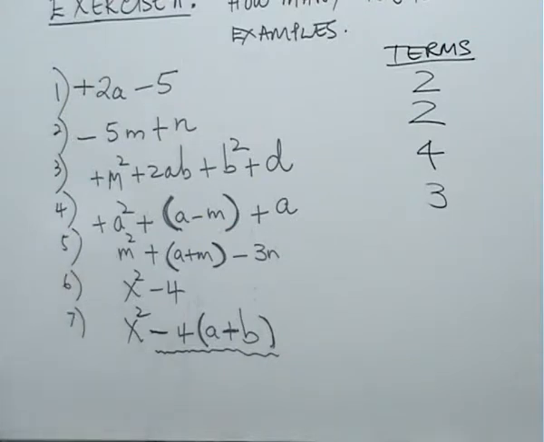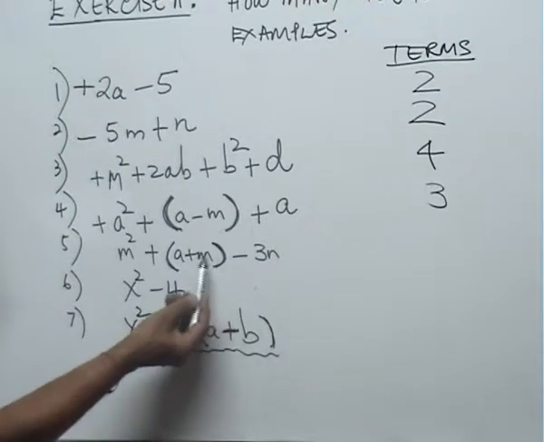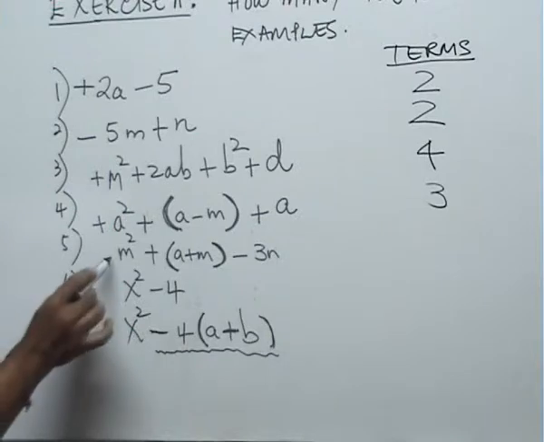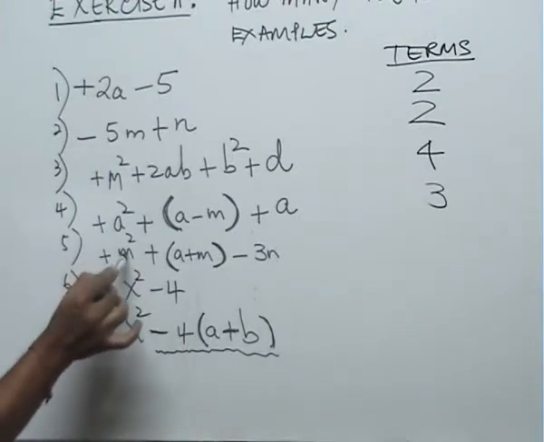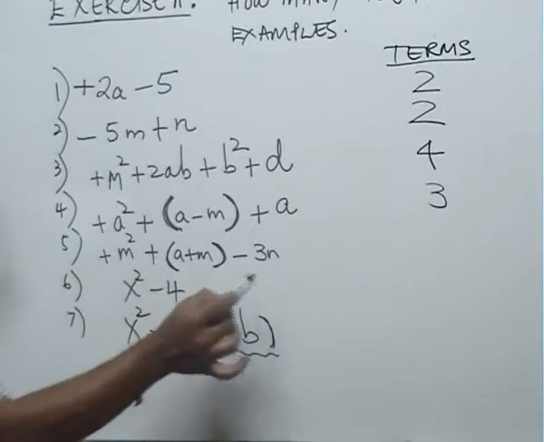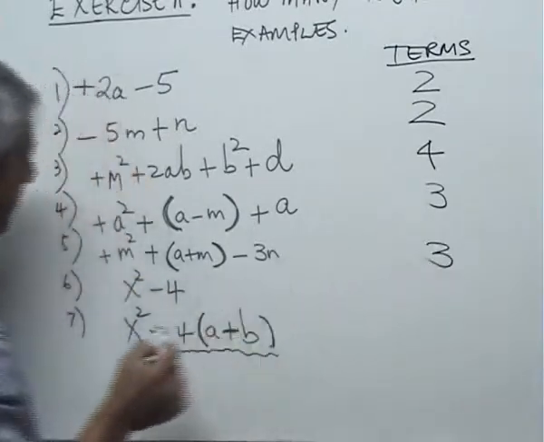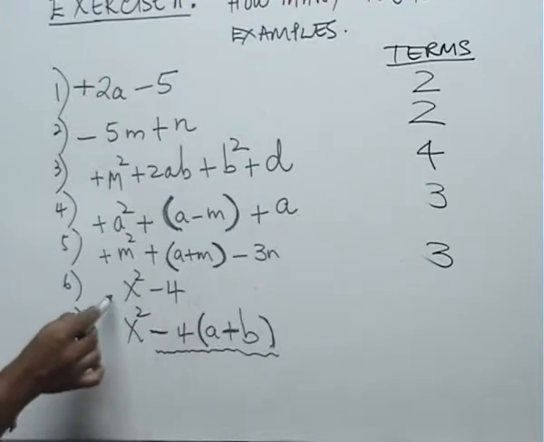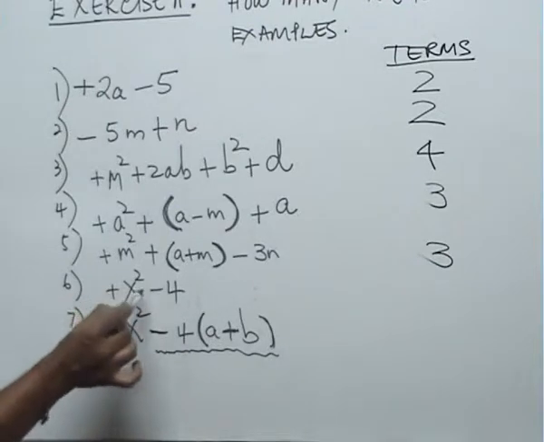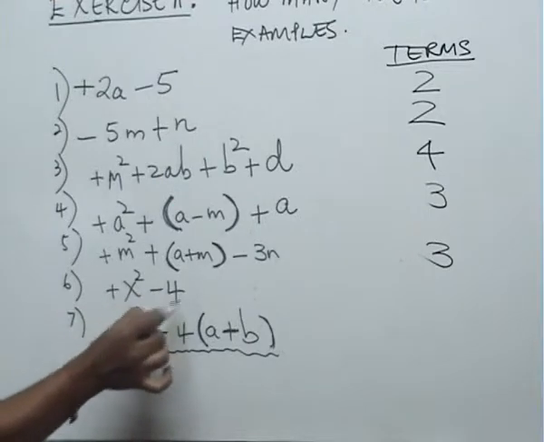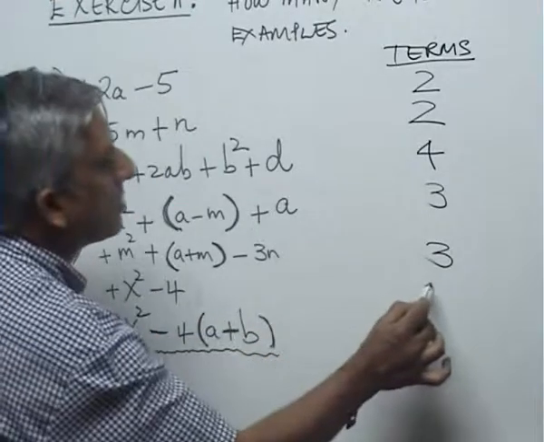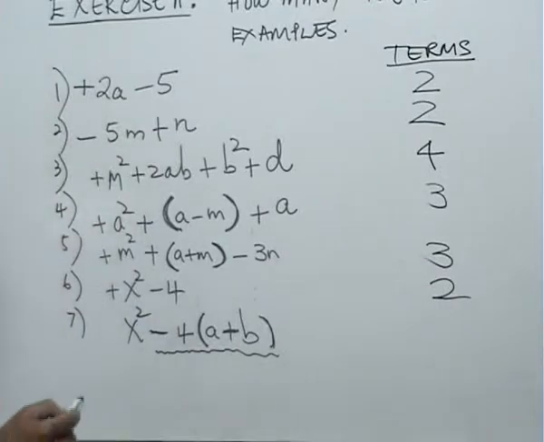Number 5, again we got a bracket, so we're going to remember that everything inside the bracket is considered one term. So you got one term, well a plus is understood here, one term, 2 terms, 3 terms. Number 6, well a plus is understood here, so that's plus x squared is one term, minus 4 is another term, so the answer is 2 terms.